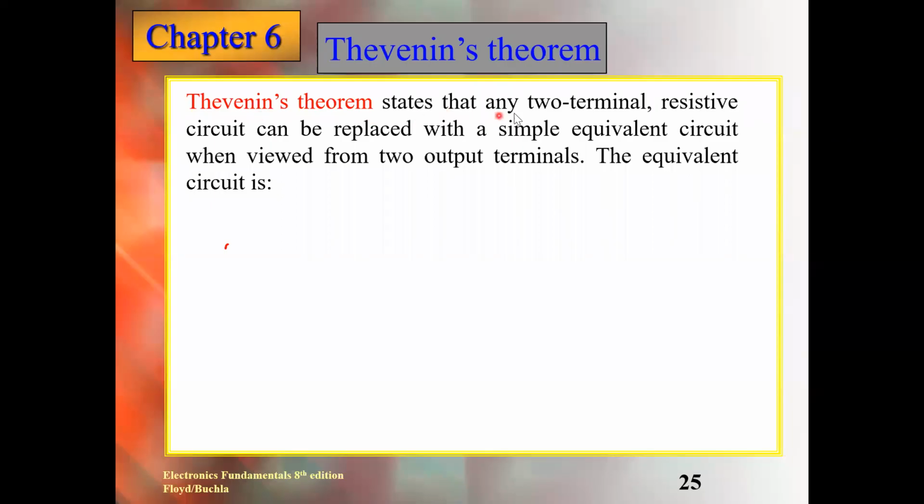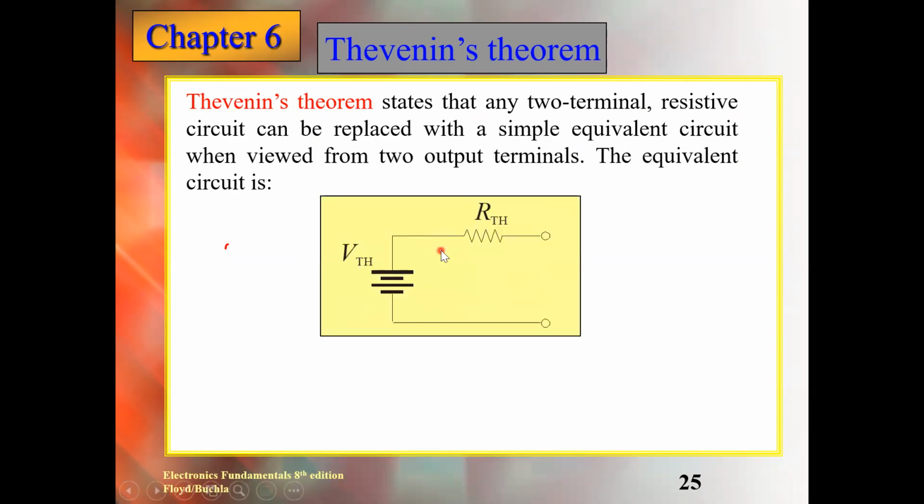Thevenin's theorem states that any two-terminal resistive circuit can be replaced with a simple equivalent circuit when viewed from the two output terminals. The equivalent circuit is something like that. So you have any complicated circuit and you want to simplify it. In order to simplify it, you need to choose two terminals, any two terminals which you can mark like A and B terminal.